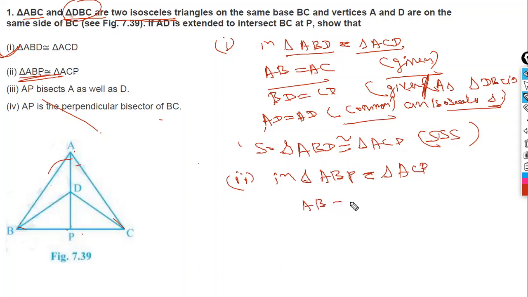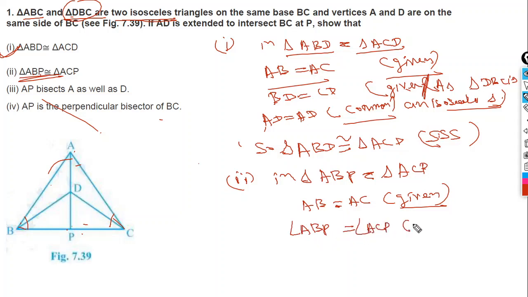AB equals AC. It is given to us. Now one side is equal. Another angle we can make equal. Angle B will be equal to angle C, or you can name it angle ABP and angle ACP. Angle ABP will be equal to angle ACP.